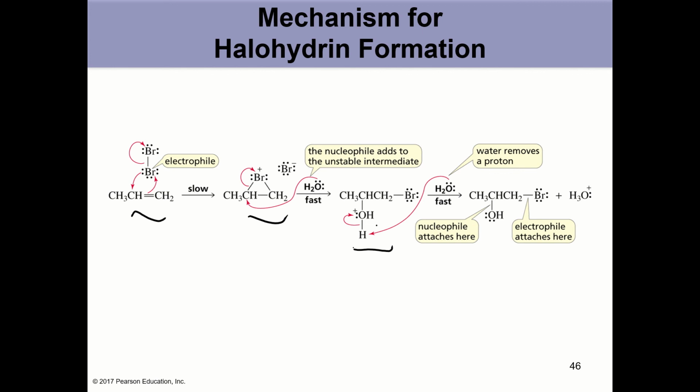The protonated alcohol will be deprotonated by another molecule of water. The molecule of water will donate its lone pair to form a bond to hydrogen. The hydrogen to oxygen bond of the protonated alcohol will break, giving us a simple alcohol. We now have our halohydrin, one alcohol group and a bromine on an adjacent carbon. The alcohol group should be on the more substituted carbon and the halogen on the less substituted carbon.